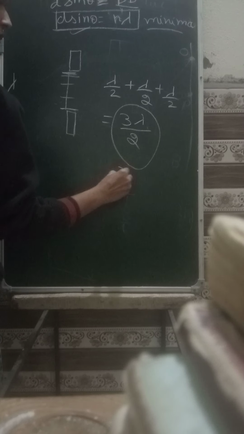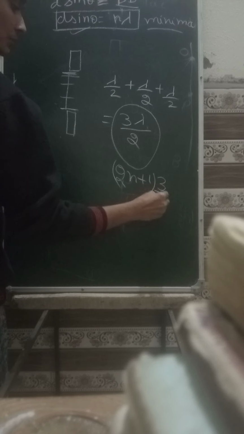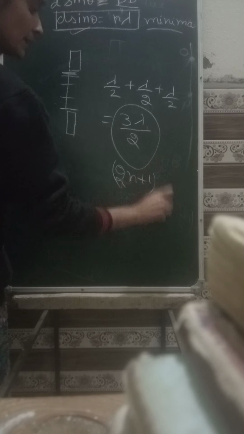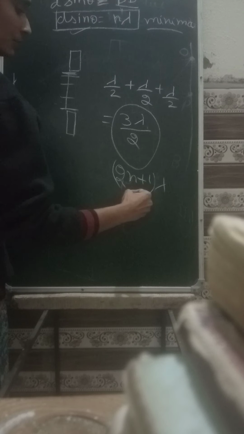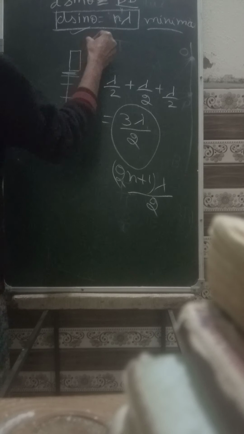The generalized form is (2n plus 1) lambda by 2. So this is the condition of maxima.